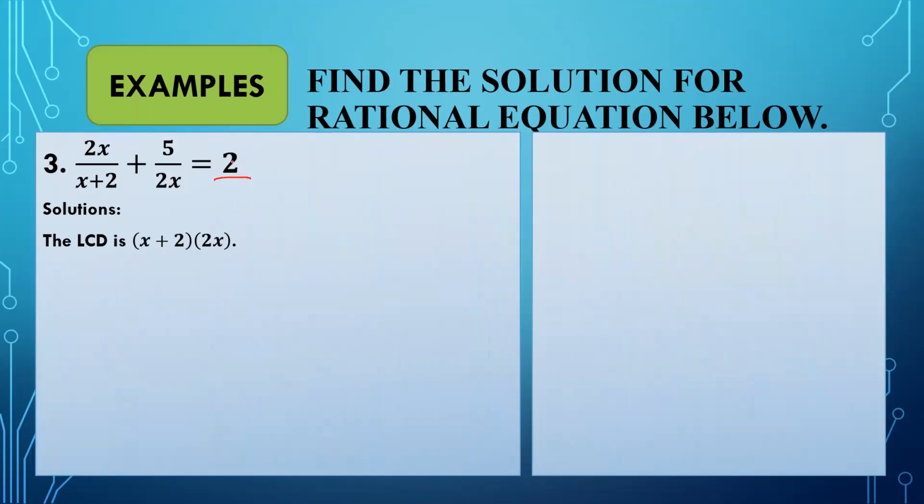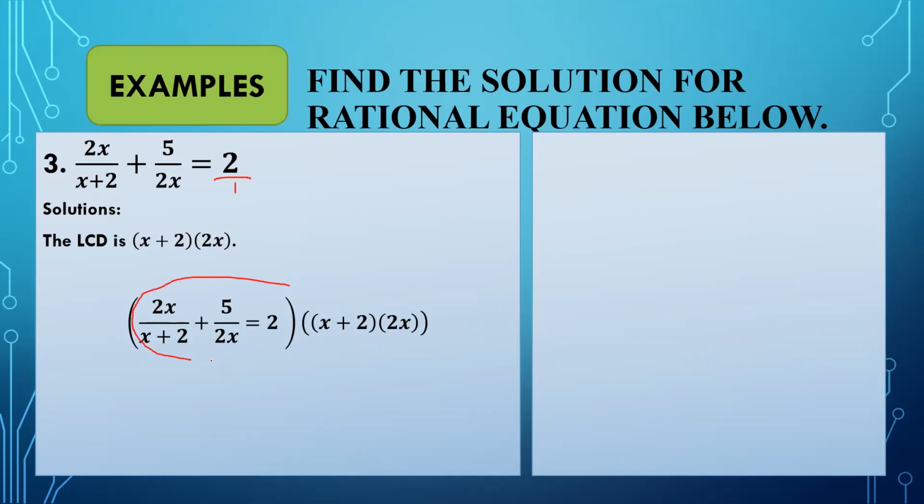And the denominator of 2 is just 1, so again, we will not write 1 here as an LCD. So again, x plus 2 times 2x. Then copy the original equation, which is this one. Then multiply by the LCD, which is x plus 2 times 2x.